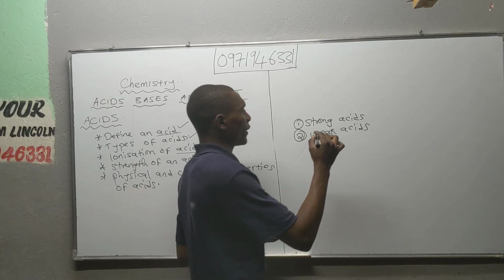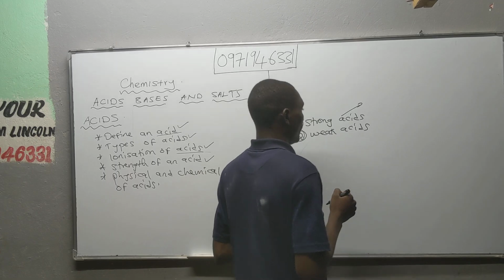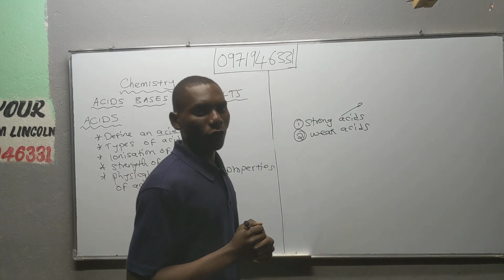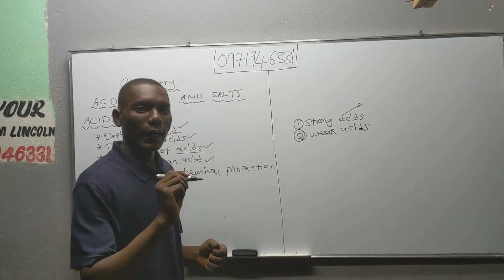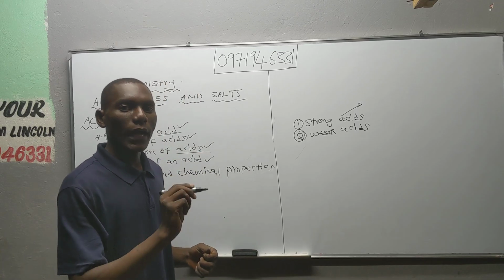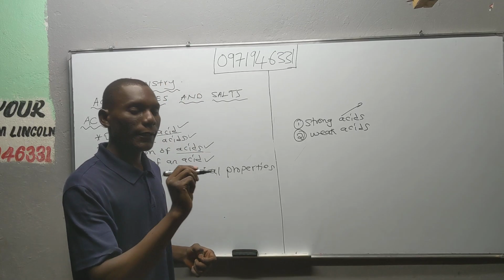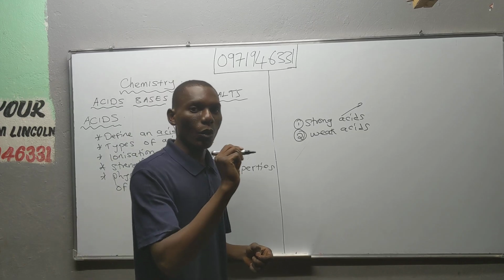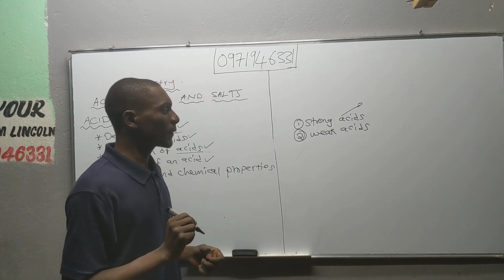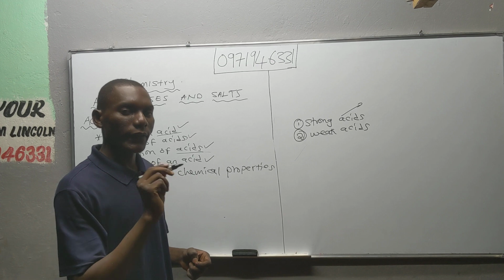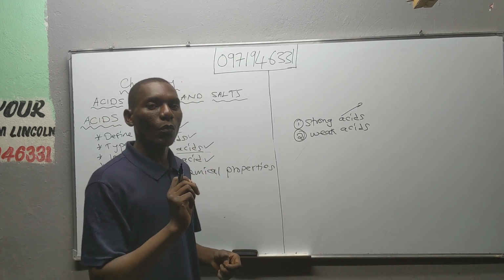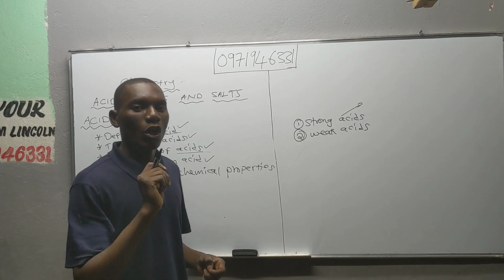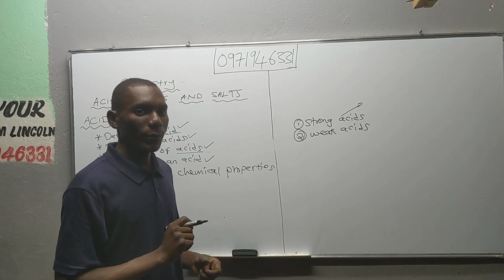So let's start with strong acids. When we talk of strong acids, these are acids that ionize completely when dissolved in water. I'll repeat that. Strong acids, these are acids that ionize completely when dissolved in water. What do we mean?